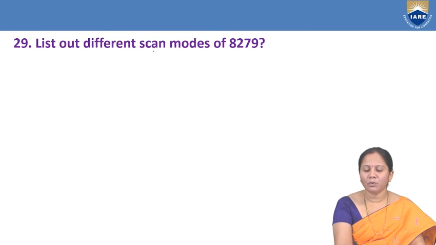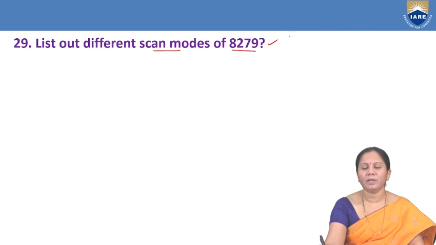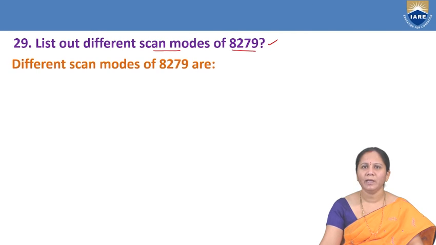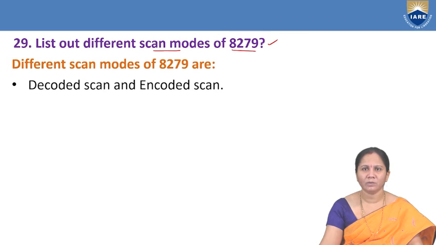Next, list out the different scan modes of 8279. The IC 8279 is called the keyboard display controller. So what are the different scan modes available in that keyboard display controller? The different scan modes available in the 8279 are decoded scan and encoded scan.